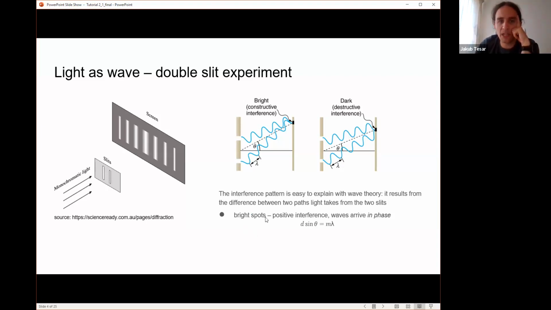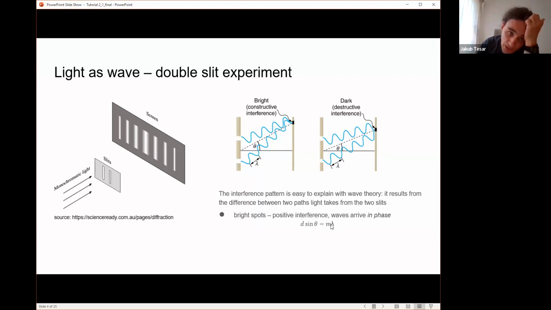So you will expect bright spots to emerge on your screen in places where d sine theta, where d is the distance between the two slits and theta is the angle which goes from the center of the experiment to the place you are interested in, characterizes the bright spots on the screen.